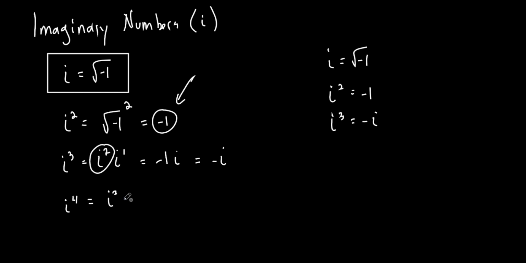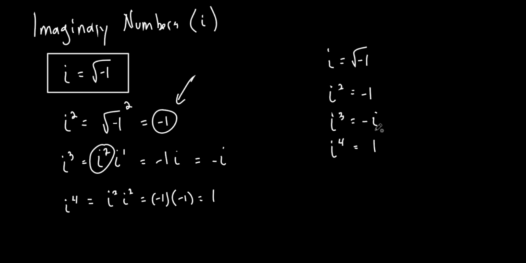Well, what is I squared? Negative 1. So it's negative 1 times negative 1. What is negative 1 times negative 1? It's positive 1. So add that to my list. I to the fourth is what? I'm sorry, not negative 1. It's just 1, positive 1.